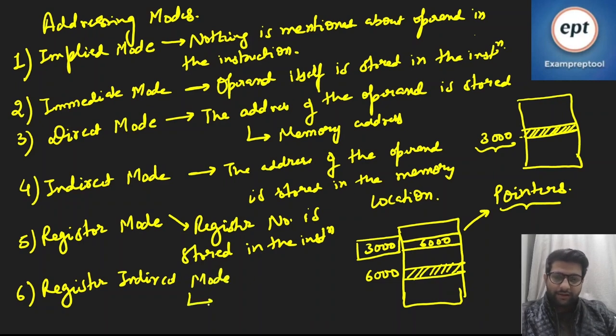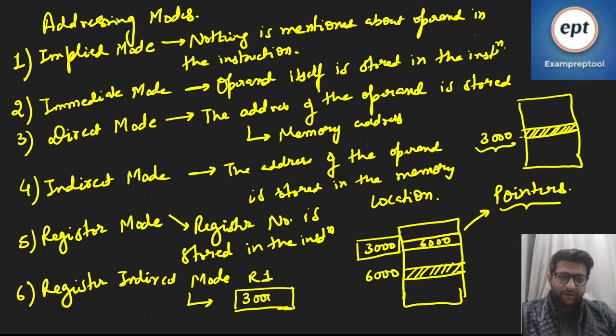Here the address or the memory location will be stored inside the register. So let's say this is register number 1. If our operand is stored at memory location 3000, this register will store the value 3000, right? This is the register indirect mode.